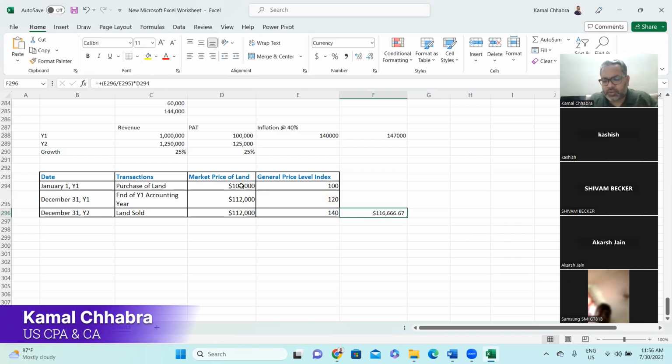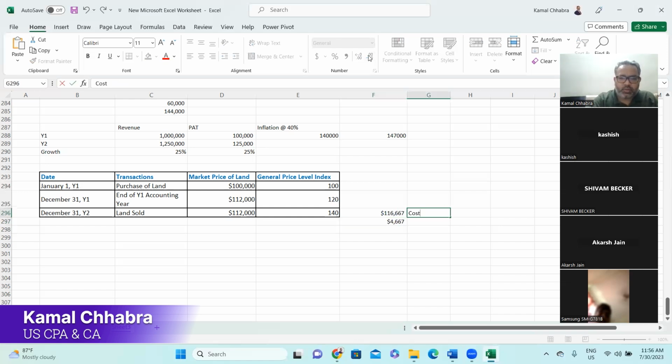So your price should ideally be this in your books if you are using this second approach, and you have sold at 112,000. So this minus 112,000 at which you have sold. So this is your cost and this is your sales price 112. And this, sir, is your loss.